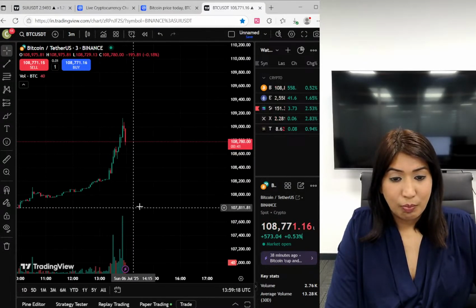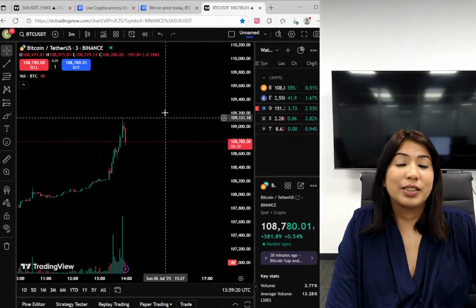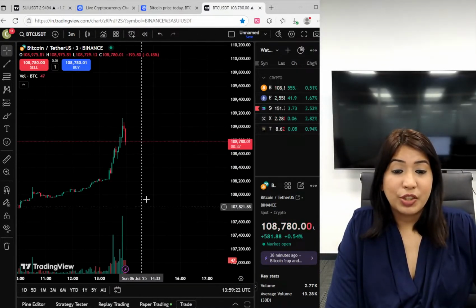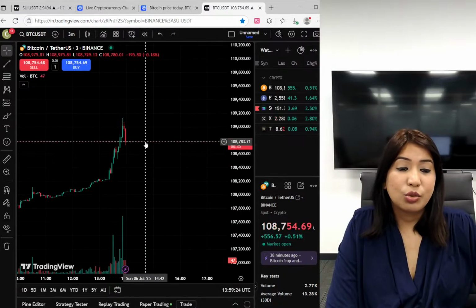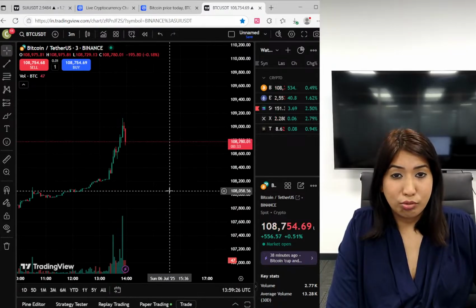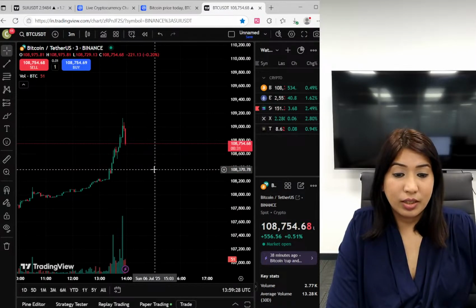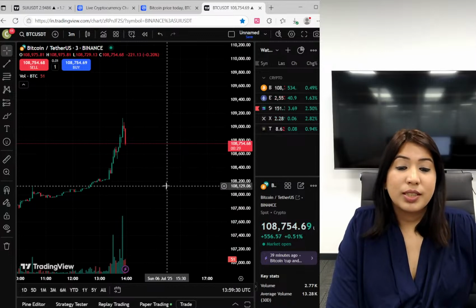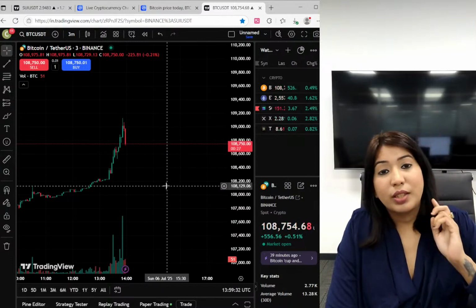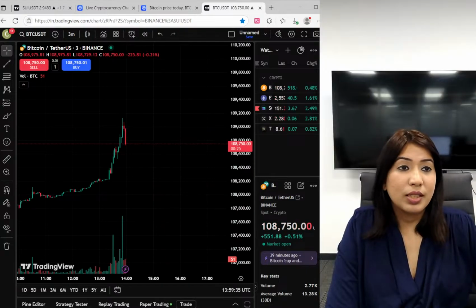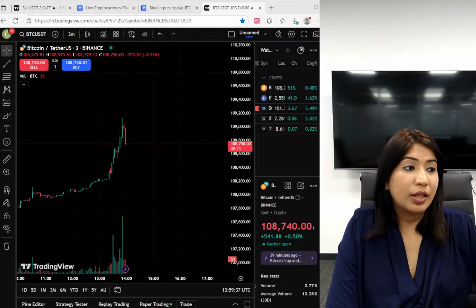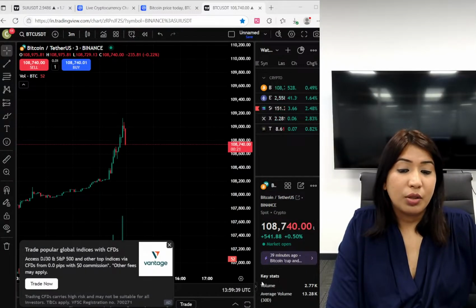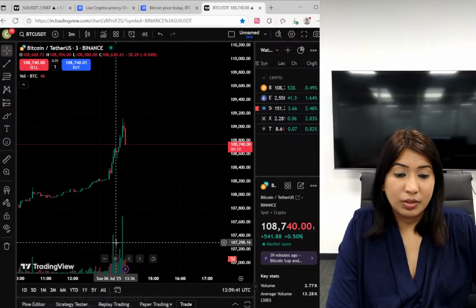So possibly if this pressure doesn't build up in this particular zone, then the price will tend to go down, and then the reversal is likely to happen. That is what it means. So you can see this live on the market right now, on the channel right now. So that is what it means.